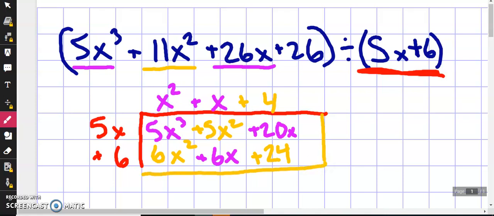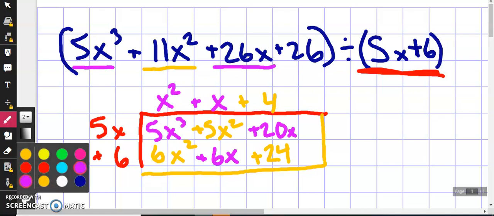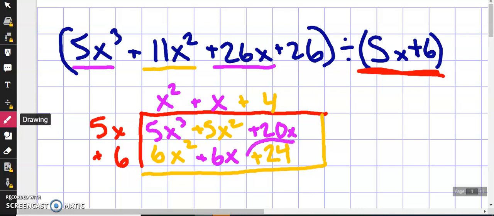So the last bit is to compare the number I ended with to the number I'm supposed to end with. So since I ended on 24 inside the box, and I have 26 in my original polynomial, that means I am missing an extra plus 2 to the outside.